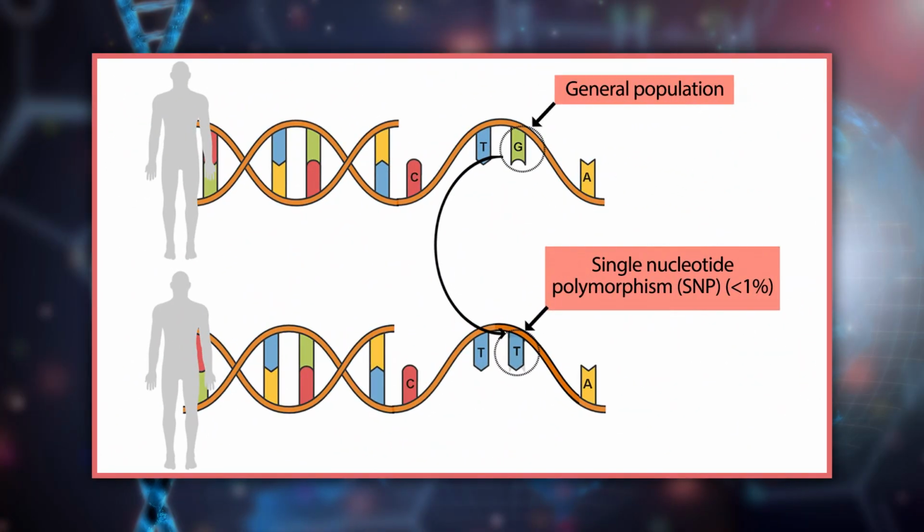When a single nucleotide variation is common in a population, or we can say its frequency is more than 1%, then it is known as single nucleotide polymorphism, or SNP.